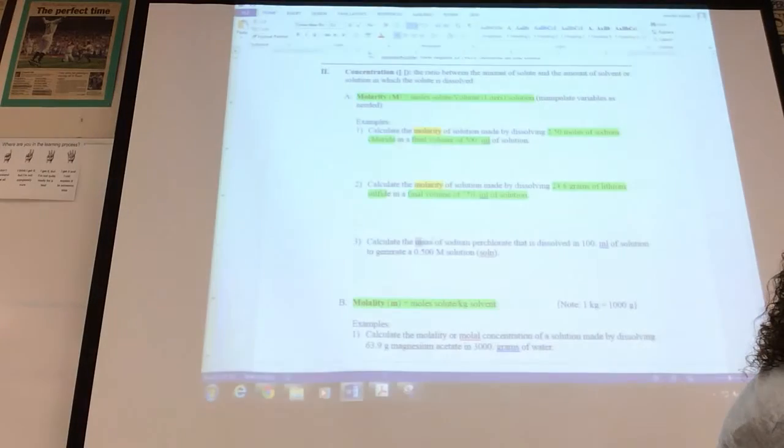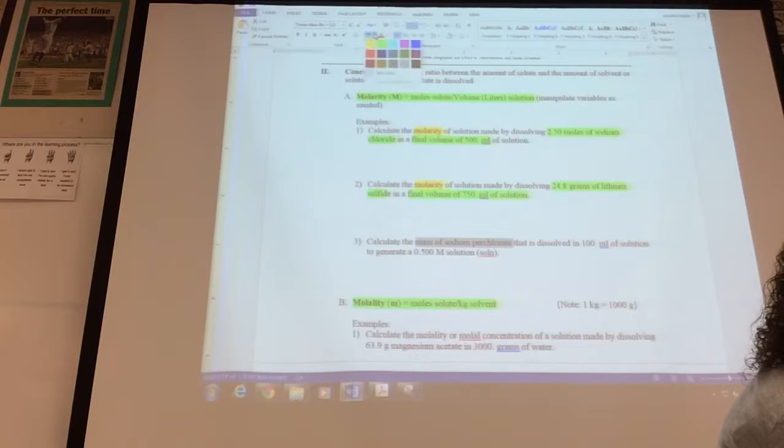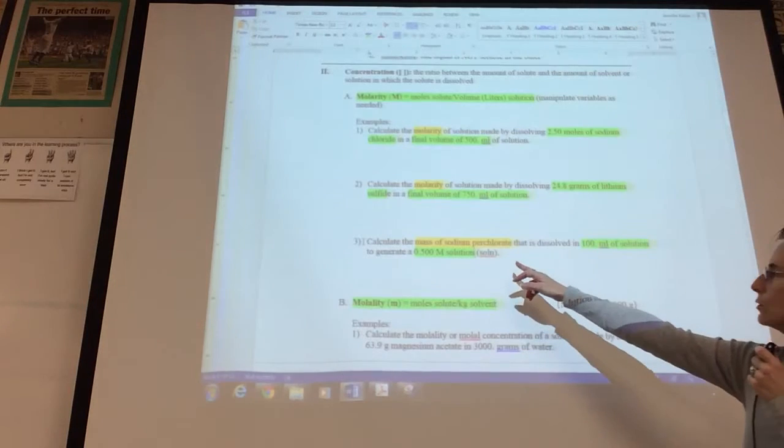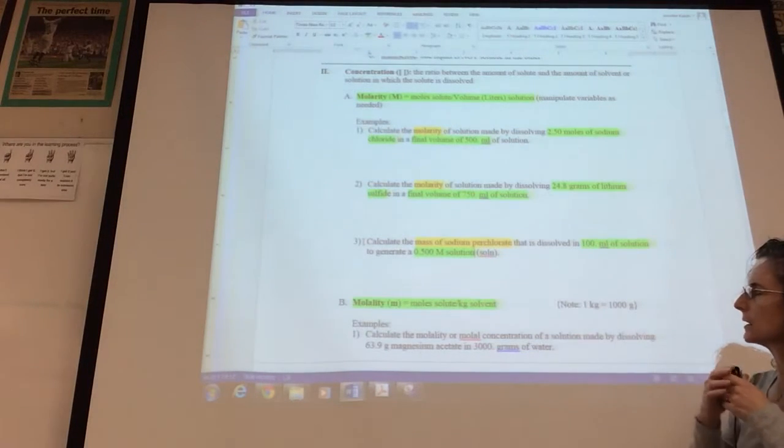So in number 3, and this is what we were alluding to, it says calculate the mass of sodium perchlorate that's dissolved in 100 mL of solution to generate a 0.5 molar solution. And you'll see that I very often abbreviate solution as SOLN, so I indicated it there.